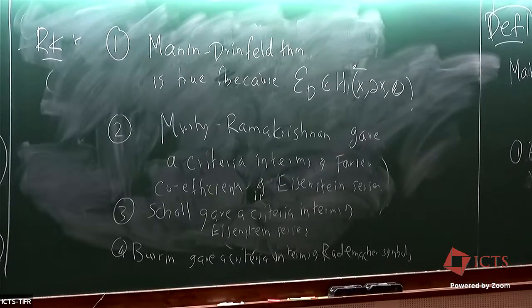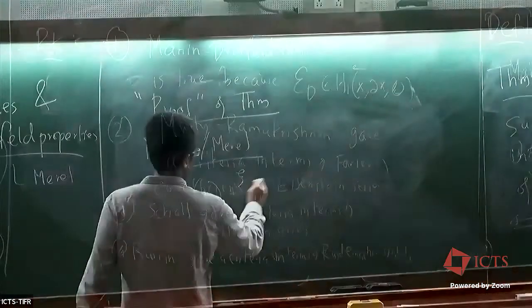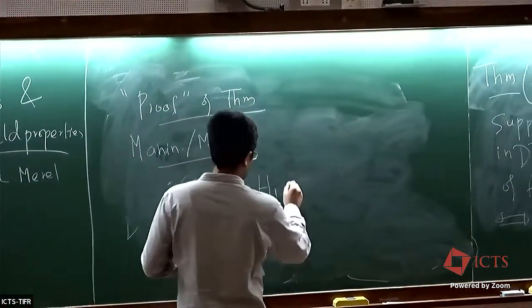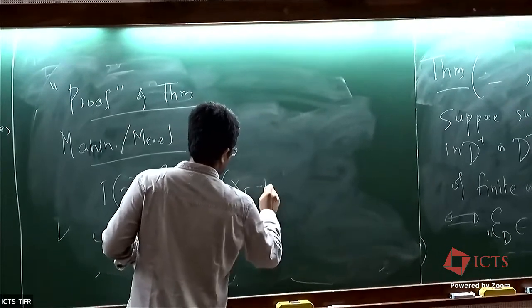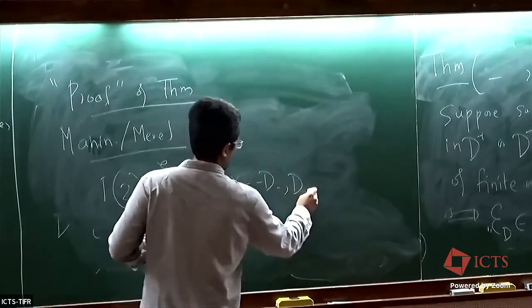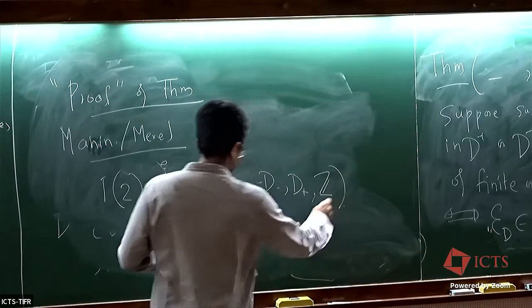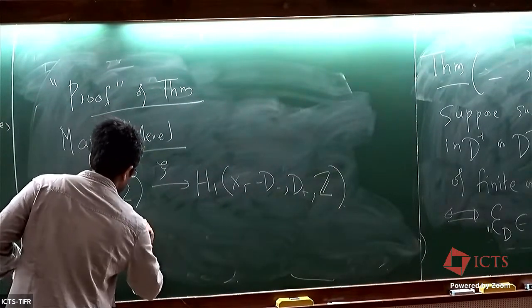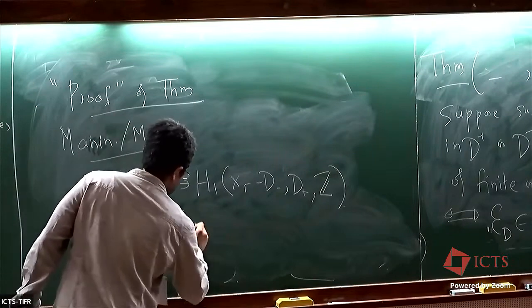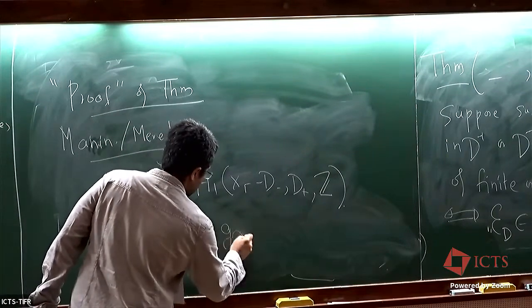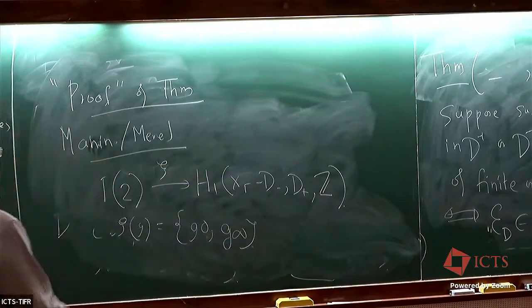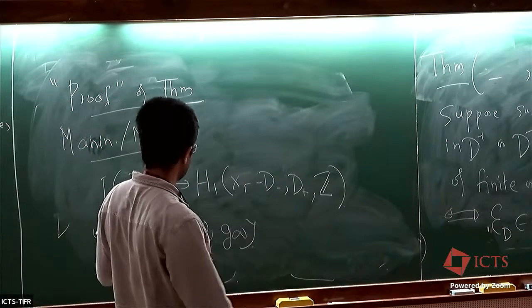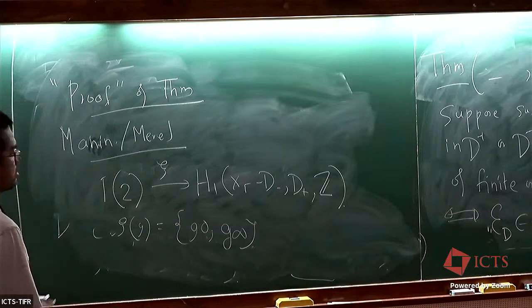So we have this map from gamma 2 to H1 of X. The advantage of this Manin map is that there are no Manin relations, so this map is an isomorphism.